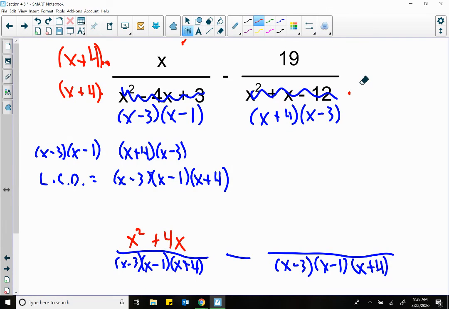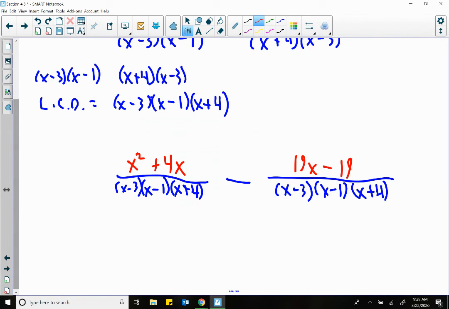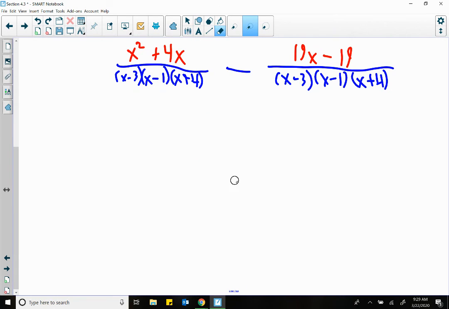I need to multiply this by x minus 1, both on the top and the bottom. So 19 times x is 19x. 19 times negative 1 is negative 19. And there's what our two rationals look like.